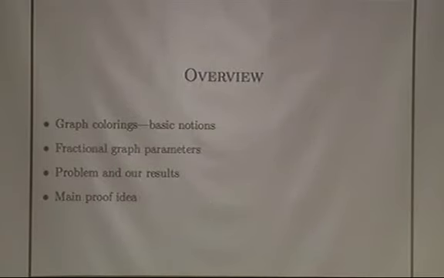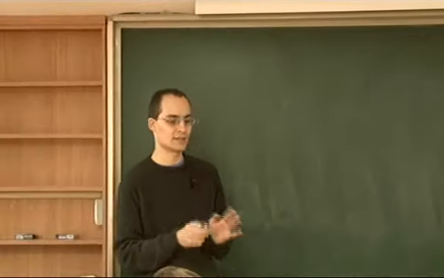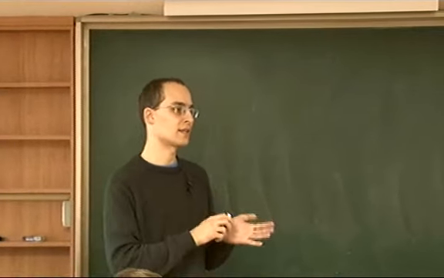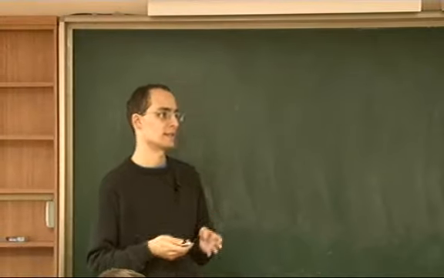Let us now move to fractional graph parameters, which will be the notion that we will be looking at during this talk. So far we have seen the ordinary colorings. So every element was assigned 1 color, and we had some constraint that certain objects like edges or vertices in our graph must receive distinct colors.